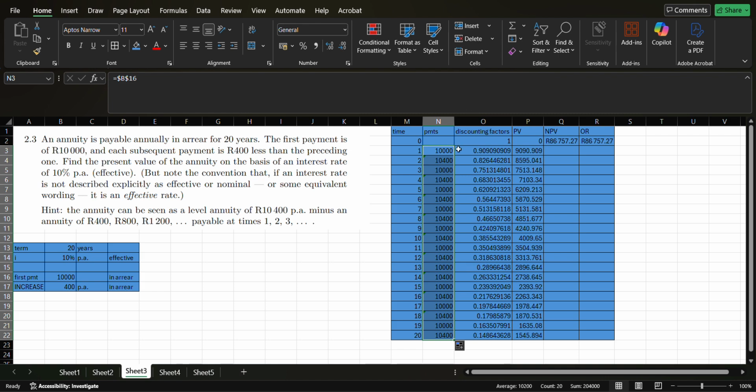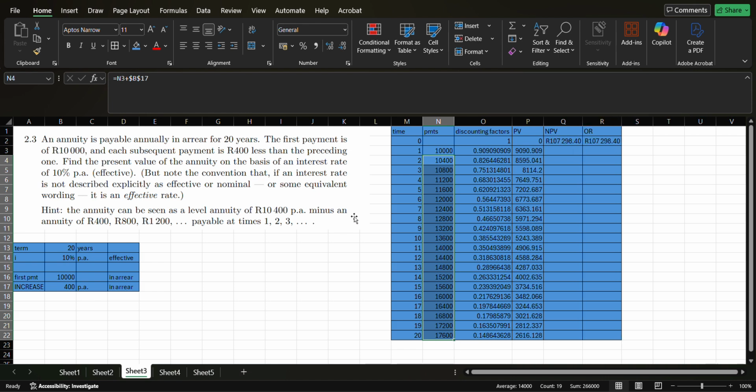So that's why I said a decreasing annuity and an increasing annuity are basically more or less the same thing. So yeah, that's how you model an increasing annuity or decreasing annuity in Excel.